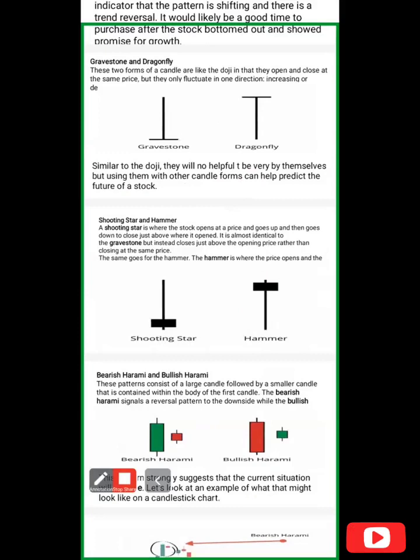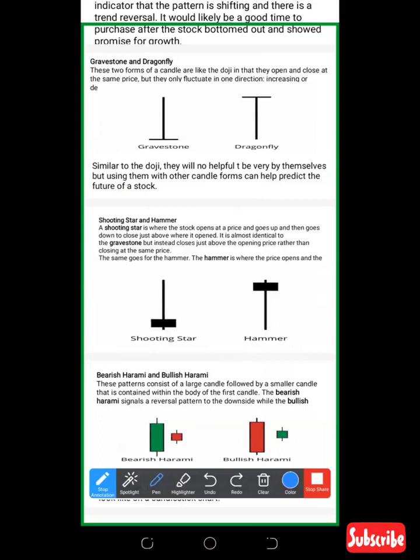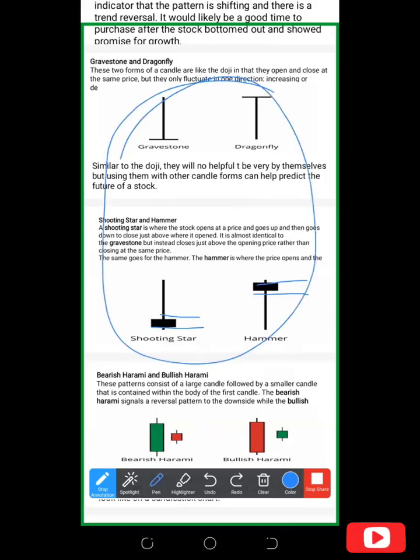Now look at something. The difference now is that the shooting star price opened here and closes here. So there's just a small gap in between the opening and closing price. Same here, price opens here and closes here. Just a small opening. Okay, but these guys do almost the same work.